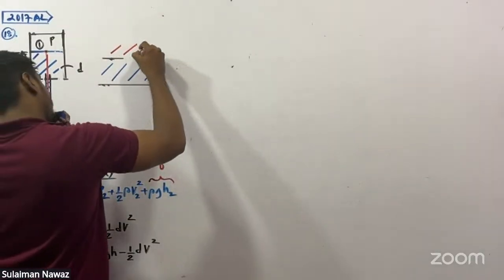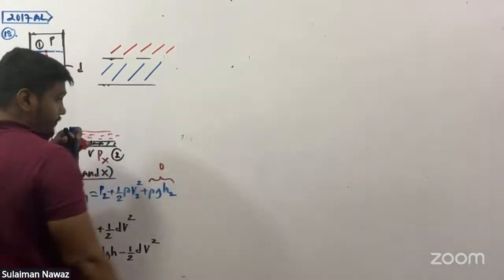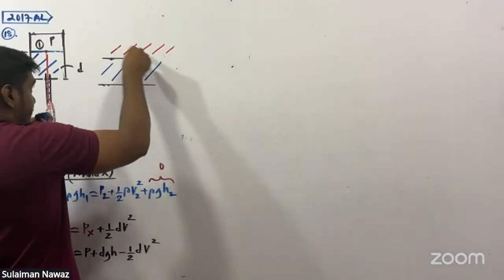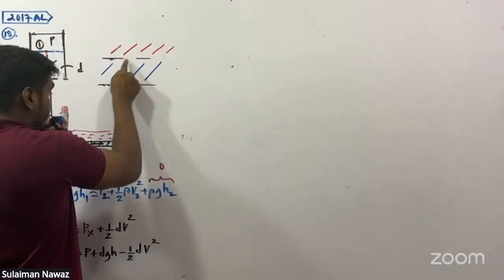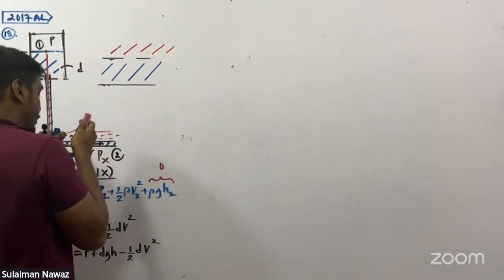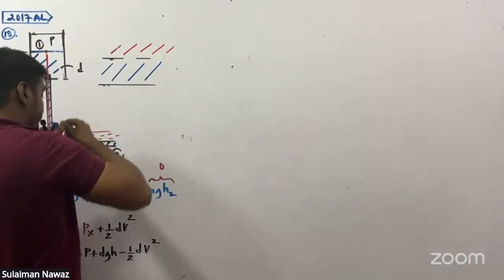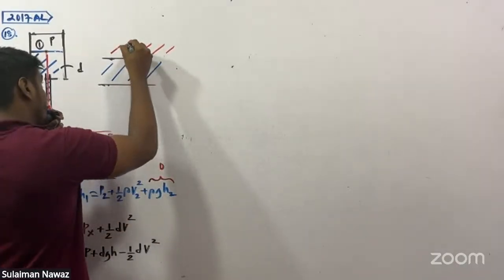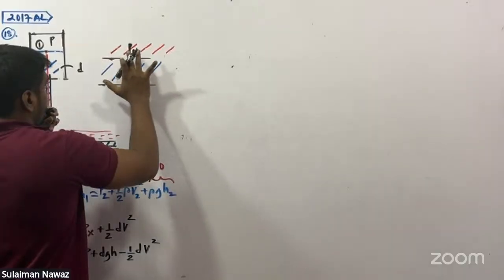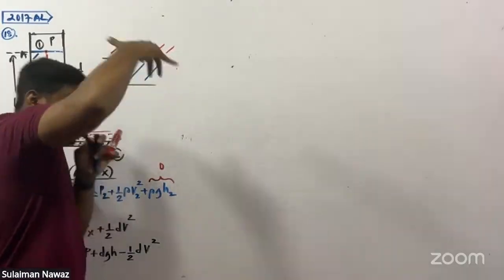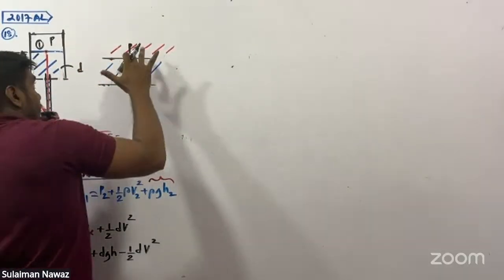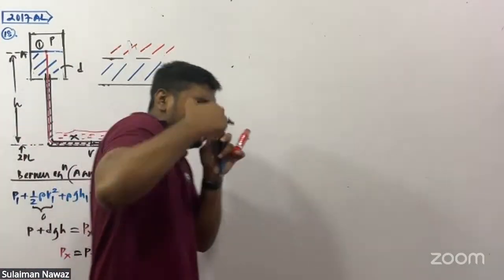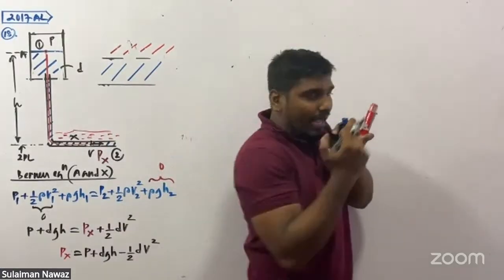Muddy water is above the tube. Now they mentioned the pressure produced by the muddy water nearby the crack is equal to the atmospheric pressure P0. That means muddy water wants to get into the tube through the crack.